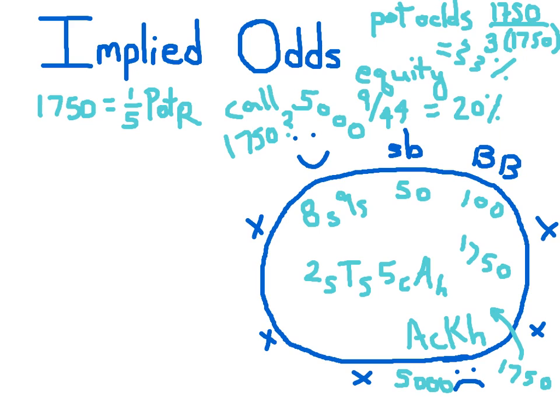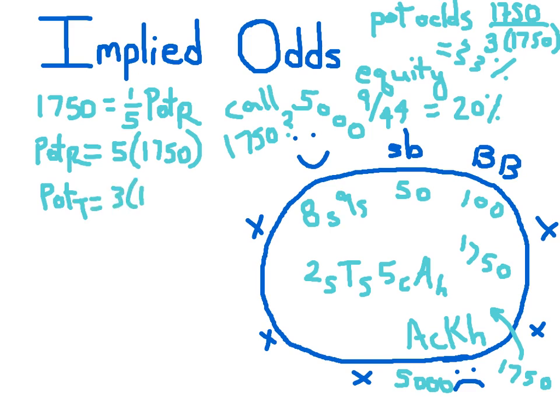If you multiply both sides by 5, we get the pot on the river needs to be 5 times 1750. I'm going to leave it unmultiplied like that, and you'll see it'll make these calculations easier. The pot on the turn after we call is 3 times 1750.